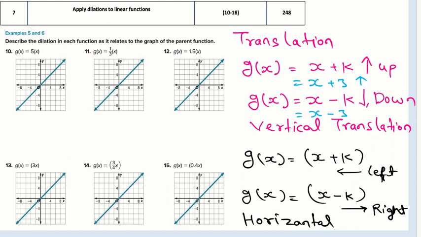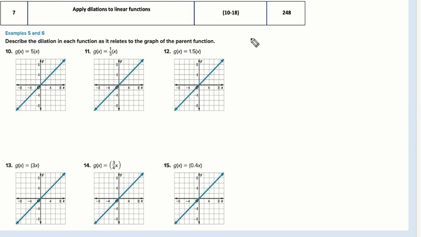If I say parenthesis x plus 2, then it will move 2 units to the left. If I say x minus 2, then 2 units right. So this is all about translation.